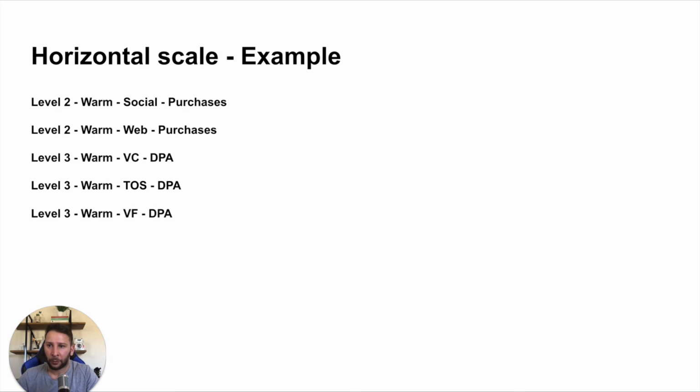The same with level 3. The view content, meaning the product page visitors, in the first one of the level 3 campaign. Then you can have time on site, the top visitors based on time on site, based on visit frequency. This can scale to the sky, right?